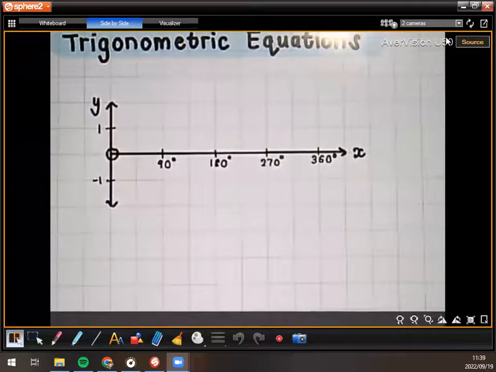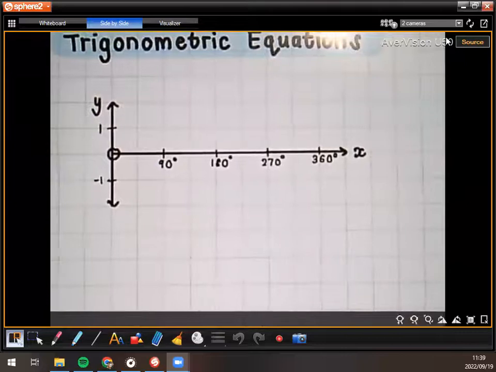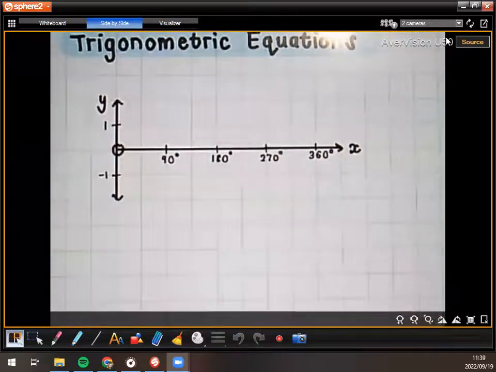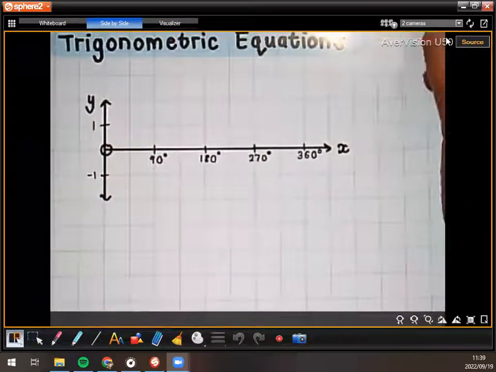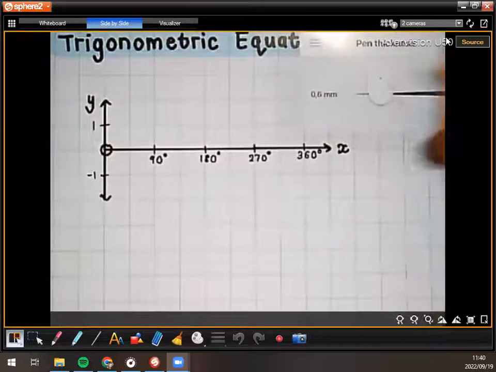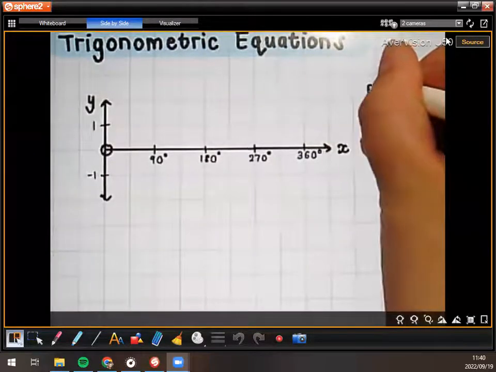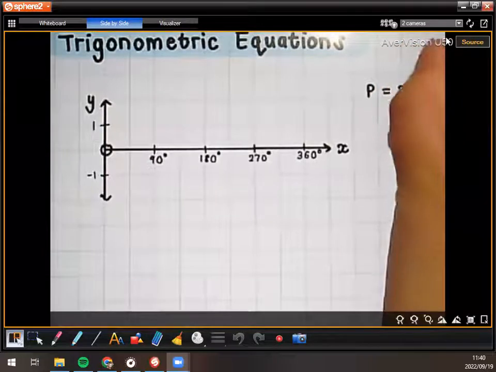All right, so sorry, that looks a bit wonky, but do we remember the period of the sine graph is 360, right? To get the step, we divide that by 4. So that's why I did my 90, 180, 270, 360 thing. So I'm just going to write on the side there. The period is 360 degrees.